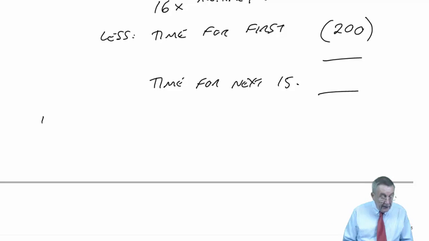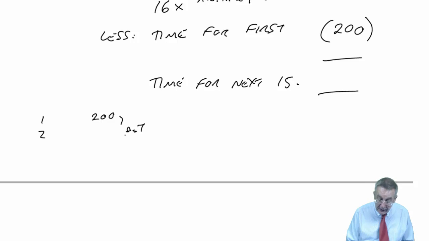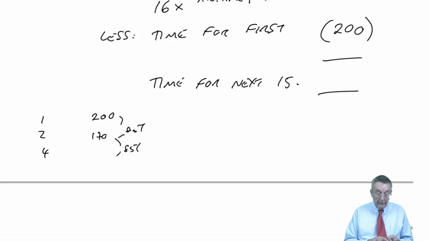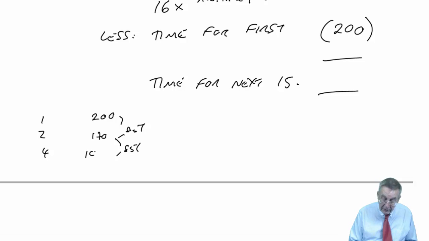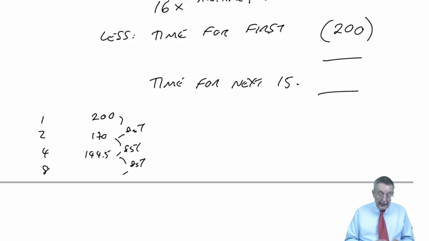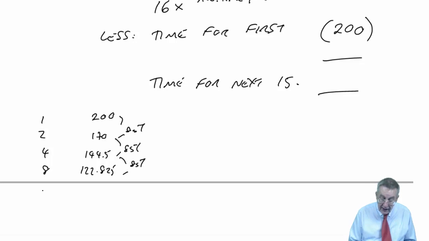A little workings. The first tick's 200. Double to 2, and it'll be 85% of that, which is 170. Double to 4, 85% of that, which will be 144.5. Double again to 8. Again, 85% of the previous average, 122.825.